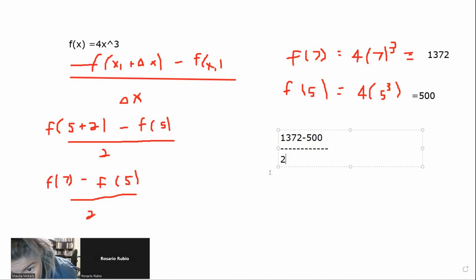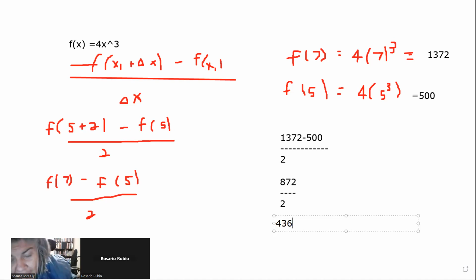So then you have 1372 minus 500. That's going to give you 872. And 872 divided by 2 is 436. Correct. Yep. We're good.